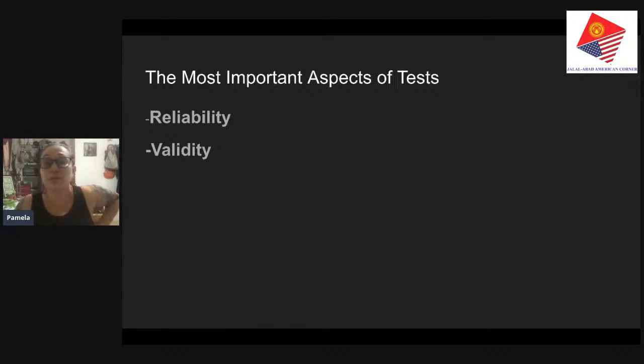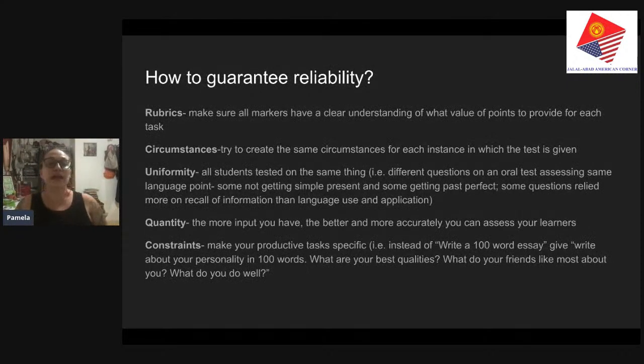Also, maybe there were perfectly good tests given in some of our curriculum books, but they're old now and they need to be updated. And we need to update those regularly. So reliability and validity. So reliability, how do we guarantee that a test is reliable?